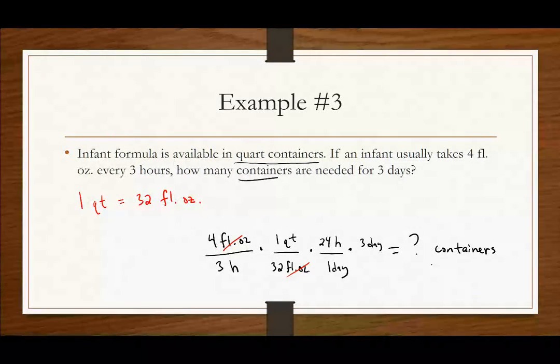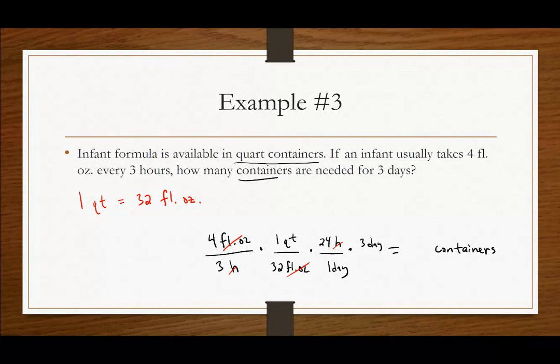So that should give us the containers necessary for those 3 days. Now, it's not a division here, I should say, really, that our day unit here will cancel. So we have hours canceling, and since 1 quart is the equivalent of a container, we might say that we do end up with the appropriate unit here.